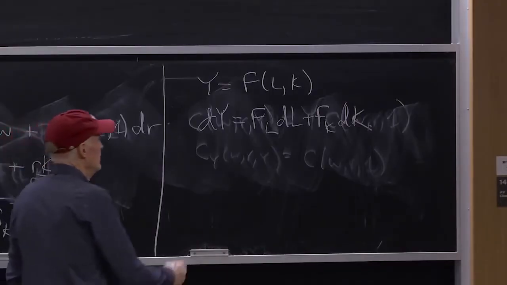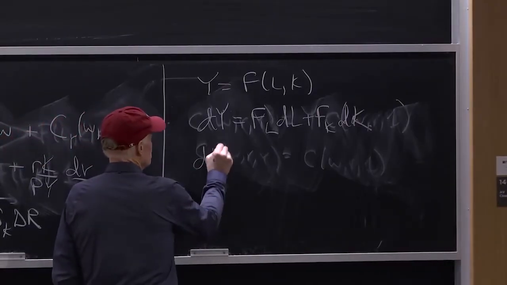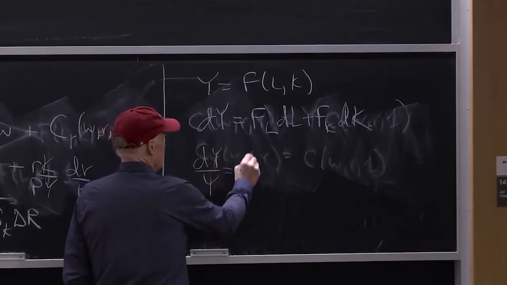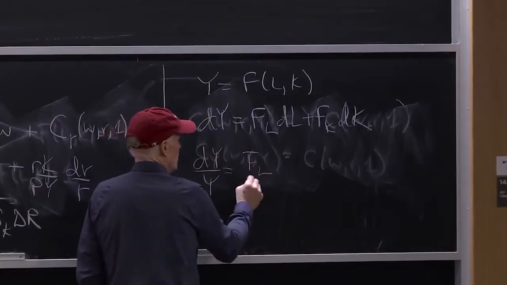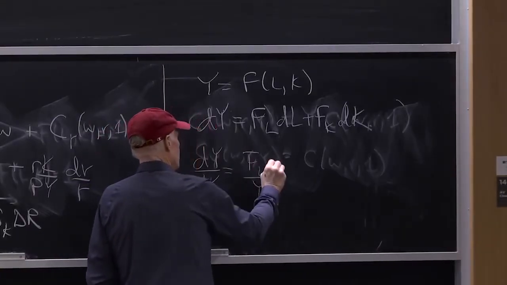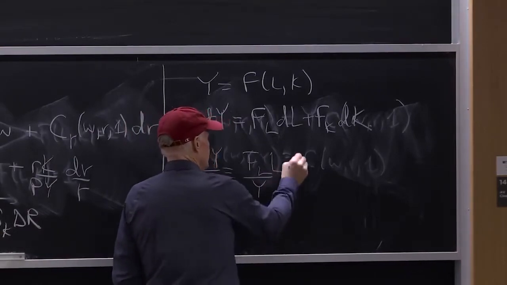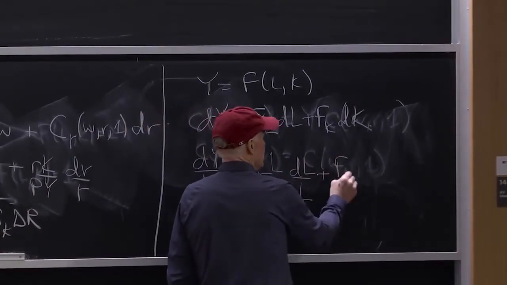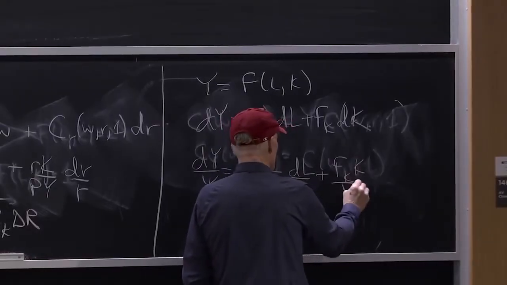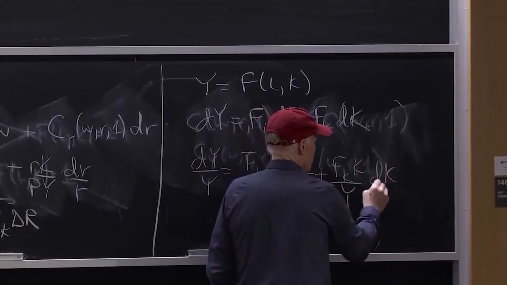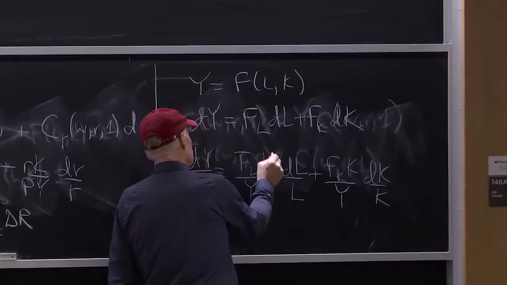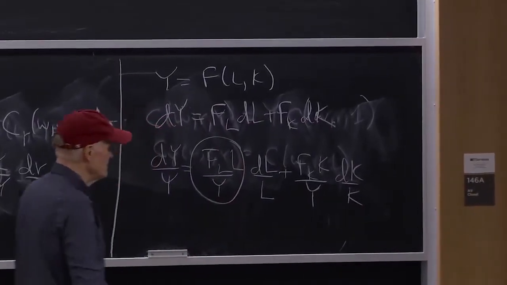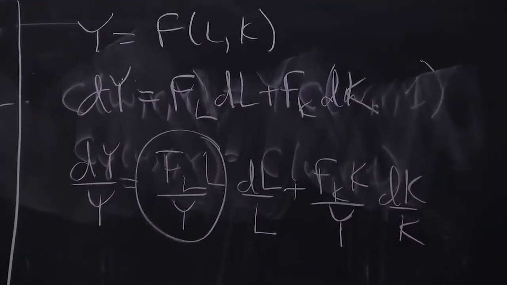Well, I want to make percent changes, so dY over Y equals FL over Y times L, dL over L, plus FK times K over Y, dK over K. What's this? What's L FL over Y?